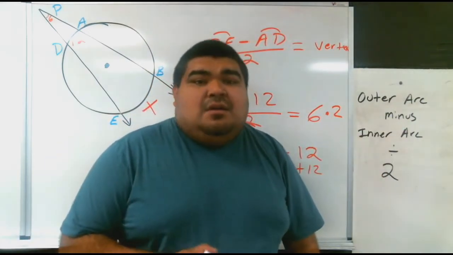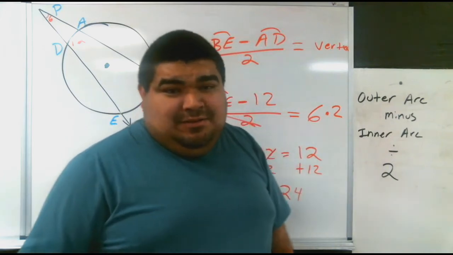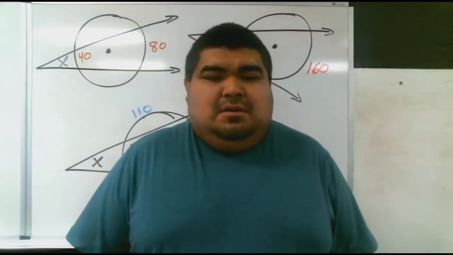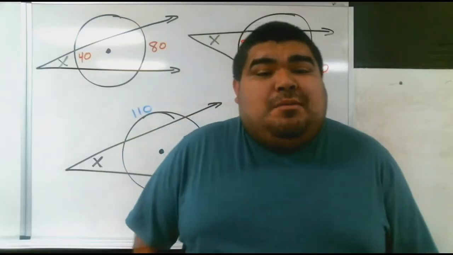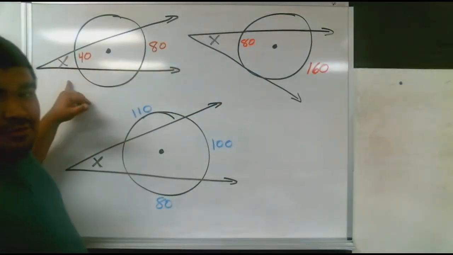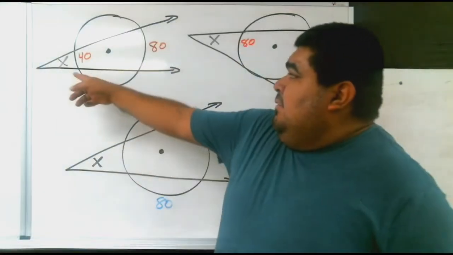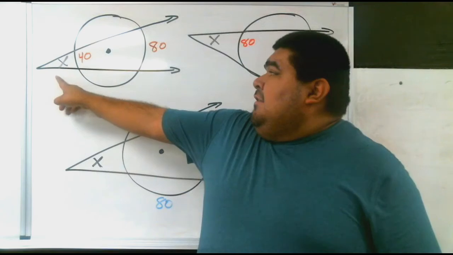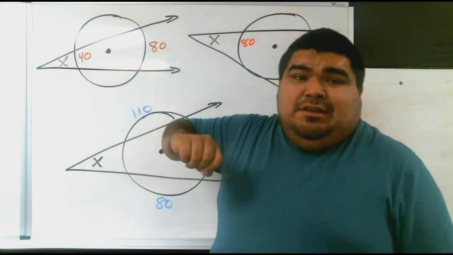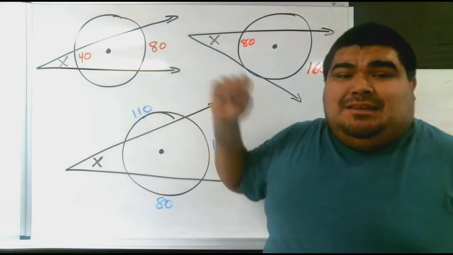All right, so here's your assignment for today. I have 3 problems on the board. The first one, we're solving for x. We have x on the vertex, the inner arc is 40, the outer arc is 80.